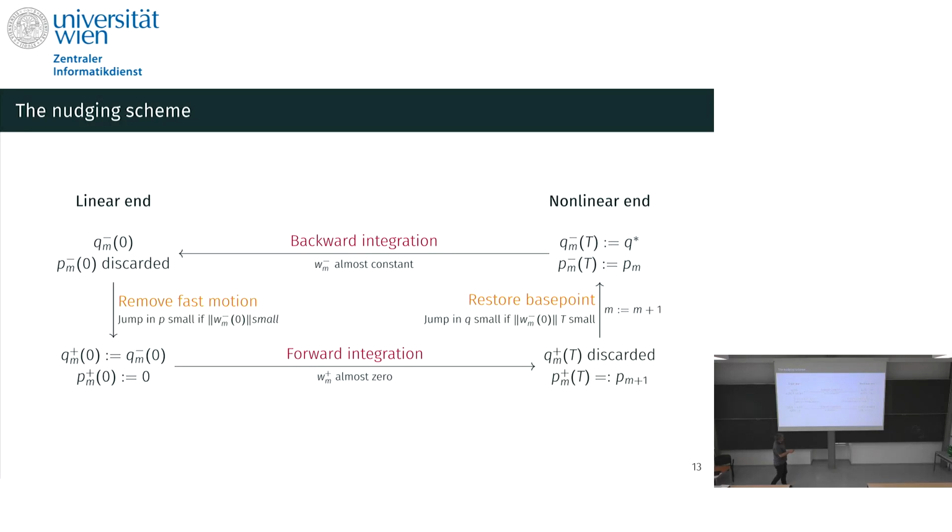Then at the end, when we restore the base point, we want to show, and this requires hard estimates, that the jump in Q that we are making in this restoration step is also small if initially we started with a small fast component and went around and came back here. We don't want a big jump in Q. And if we can control that in a more quantitative way, then we have a proof. That's the idea.